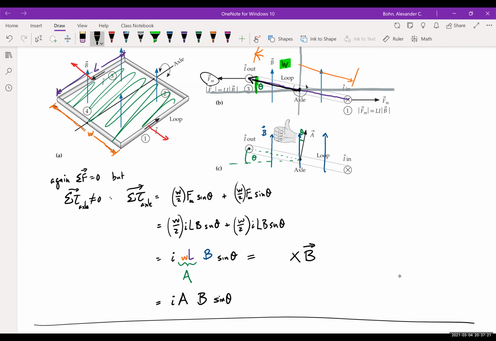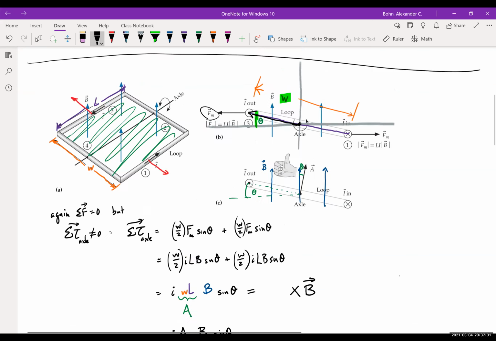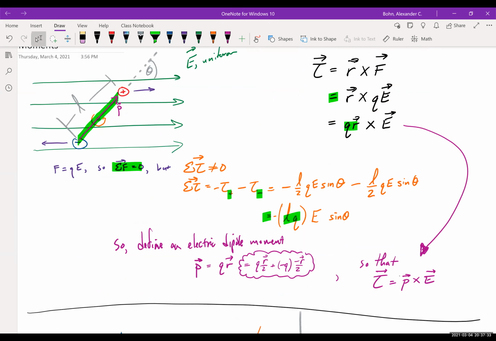B is a vector, and I see a sine theta. I start to think about the cross product and how torque was originally a cross product, and I start to think about the same thing we did for the electric dipole. We had charge times a spatial vector.